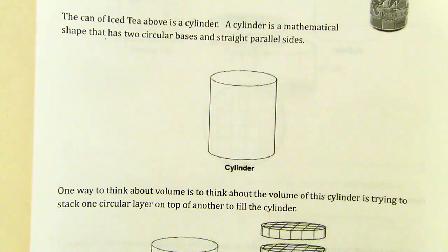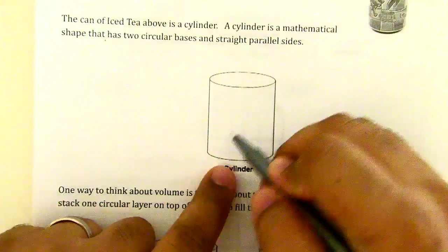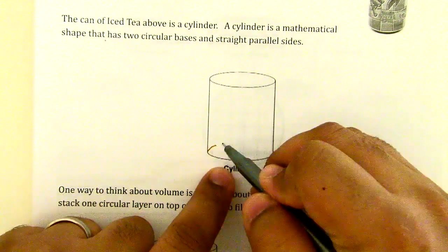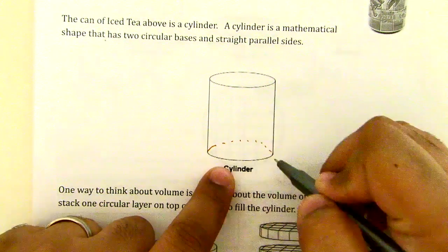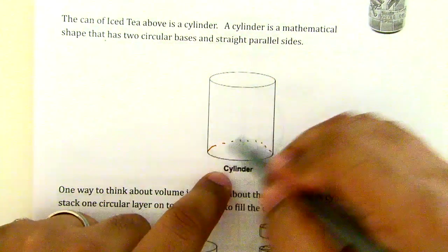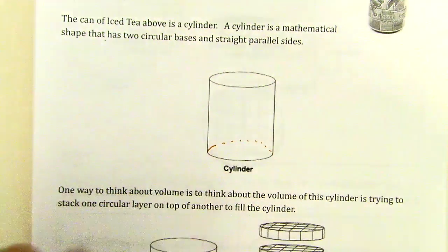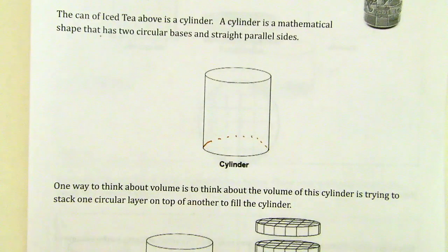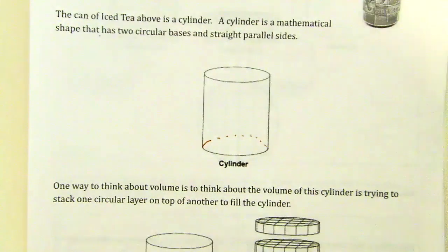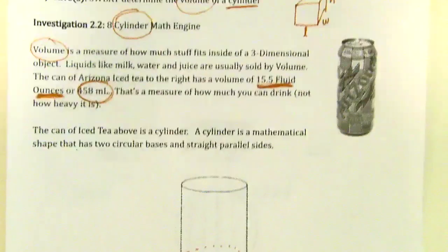Now, mathematically, when we think about a cylinder, we're talking about a shape that basically has two circles for its bases. So there's a circle on the top, a circle on the bottom, and we've got two pairs of parallel sides that kind of wrap around this guy here, right? That's a cylinder, that's what one looks like. Now, if we're trying to think about what's the volume of this thing here, the easiest way to think about that is similar to what we did last time with those boxes, right?